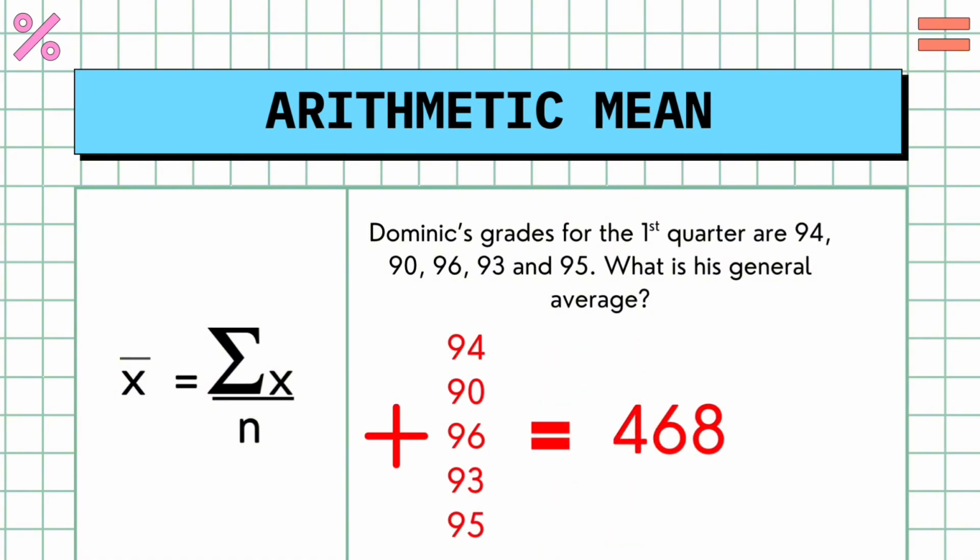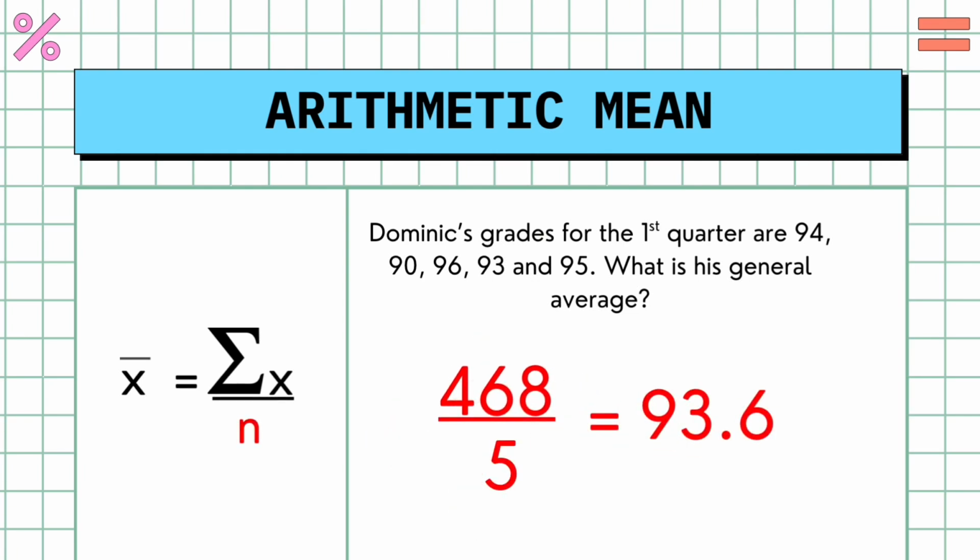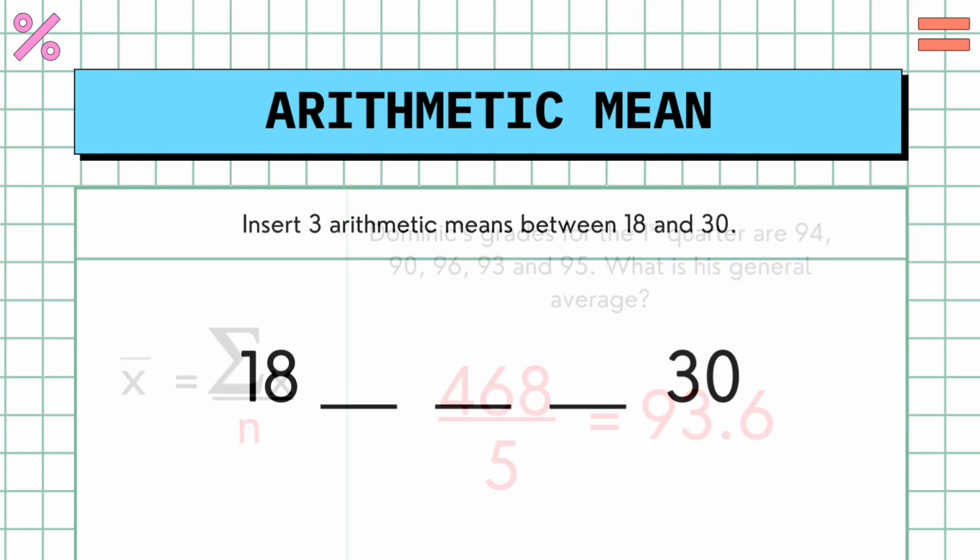All of grades added will give us 468, and then to get the arithmetic mean, we divide it by the number of terms, which is 5. So 468 divided by 5 is 93.6. Therefore, his general average will be 93.6.